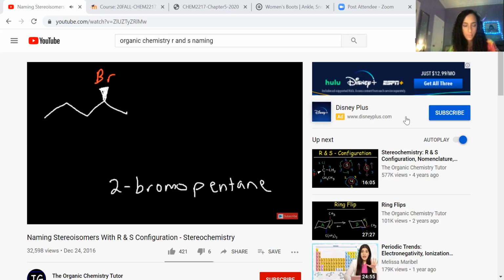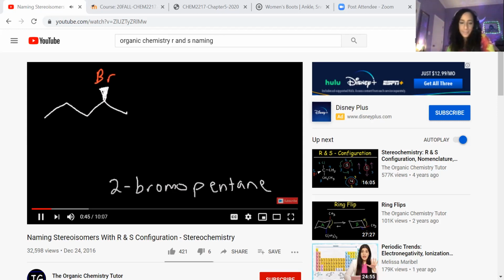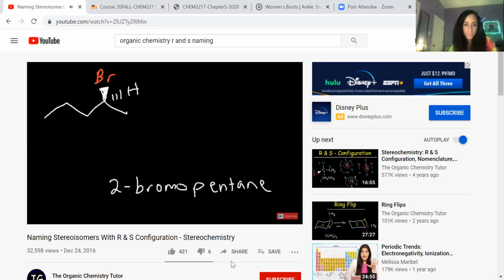Do we have the R isomer or the S isomer? So we need to find out. If the bromine atom is in the front, that means that the hydrogen is in the back. And now we need to rank the 4 different groups attached to this particular chiral carbon. A chiral carbon is a carbon that has 4 different groups. The bromine atom has the highest atomic number, so it's going to be ranked as group number 1. It has the highest priority.